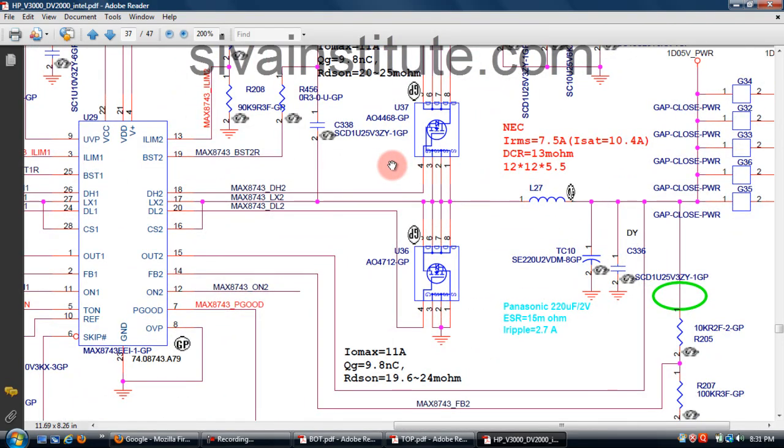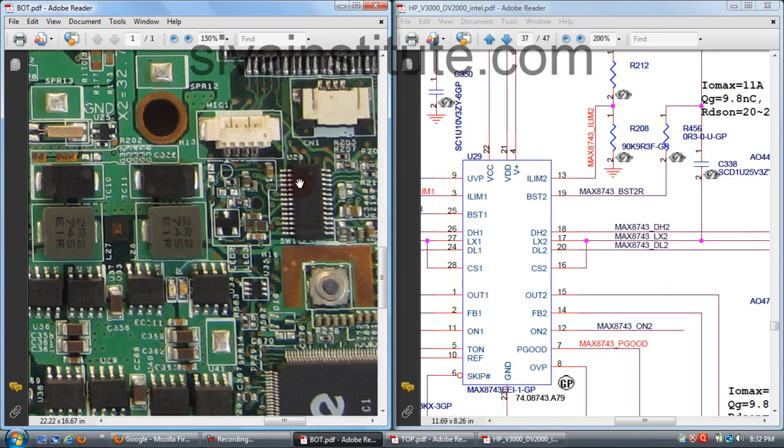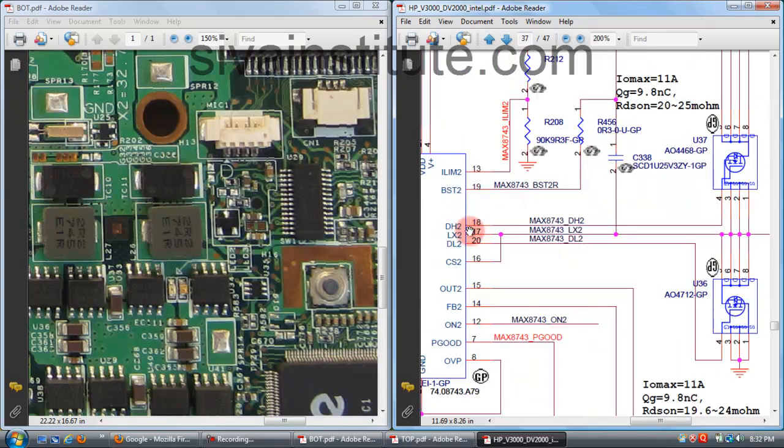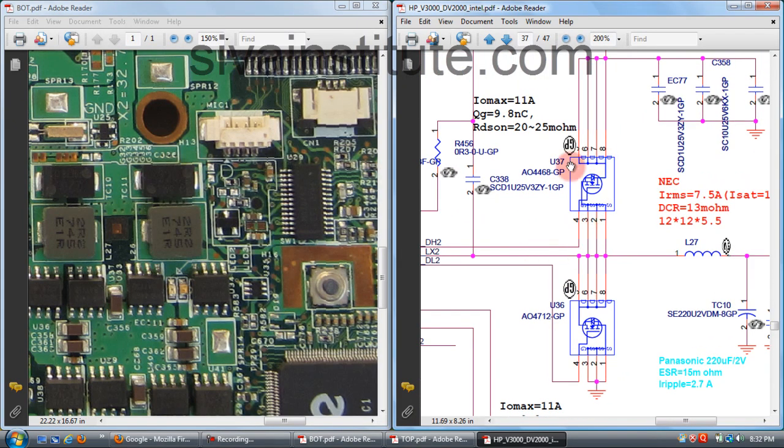So we will see U29, U37, U36, L27. This is U29. This is U37, this is U36.